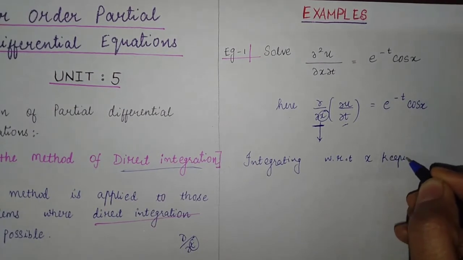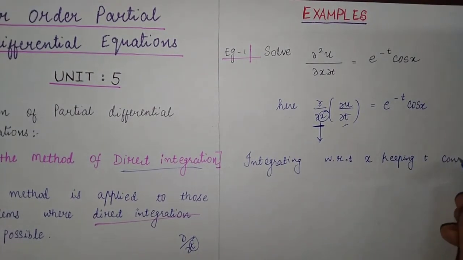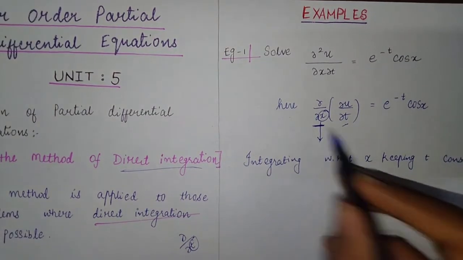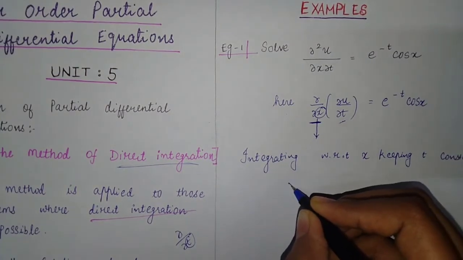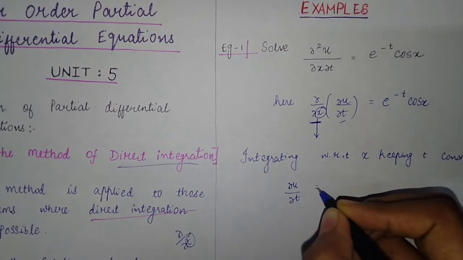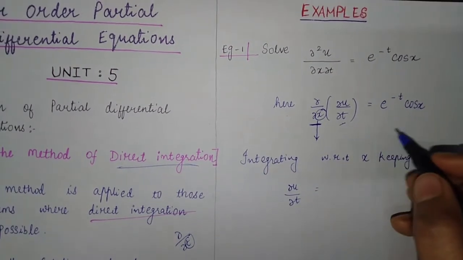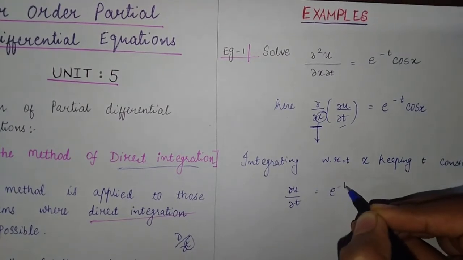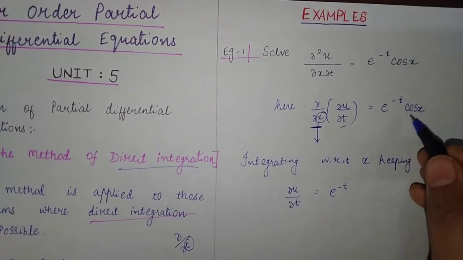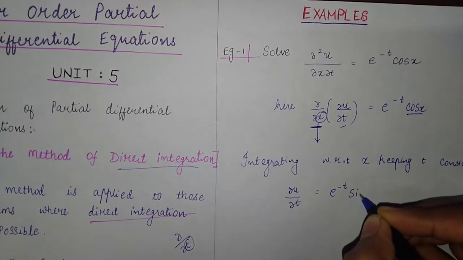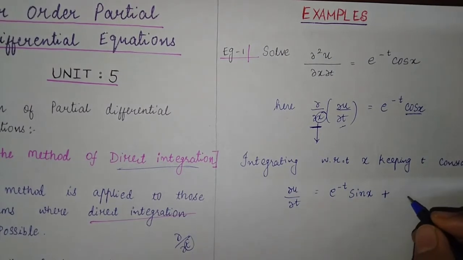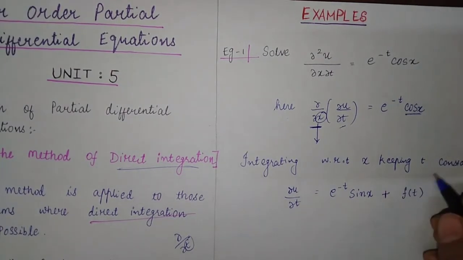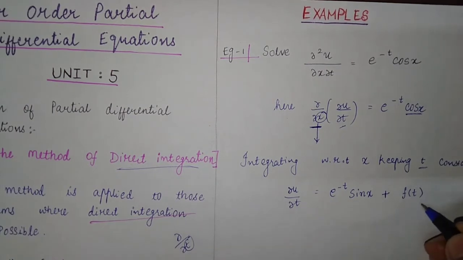So keeping t constant, integrating with respect to x, we get del u by del t equal to e raised to minus t, which is constant, times the integration of cos x, which is sin x, plus we have to add the constant, so it is a function f of t. Since t is constant, we are taking f of t.